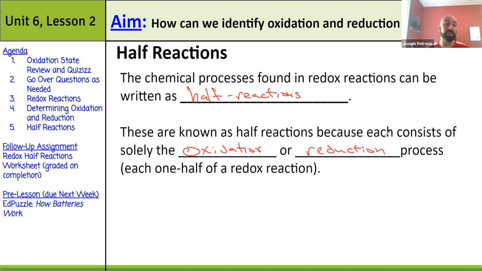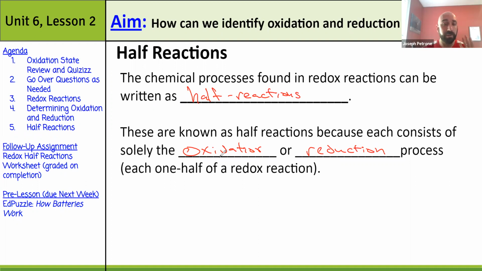So each is representing one half of the redox reaction. An oxidation-reduction, or redox, reaction consists of two half reactions combined together, two halves make a whole. So these are two separate half reactions.